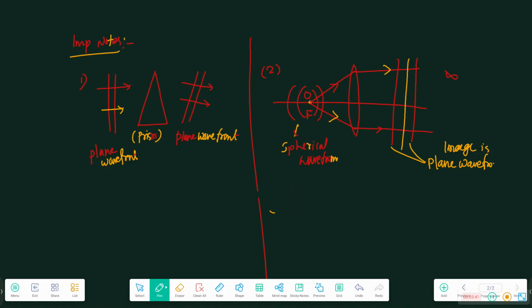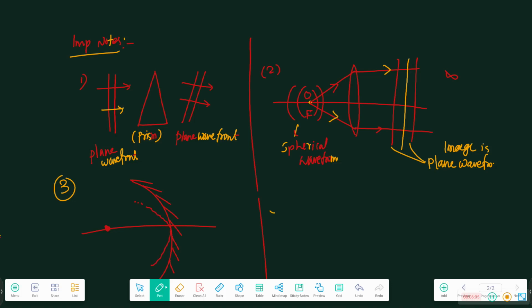Number 3, listen carefully, silent please. Now one concave mirror is there, and here you have one object. Whatever image I form, that will be a spherical wavefront.